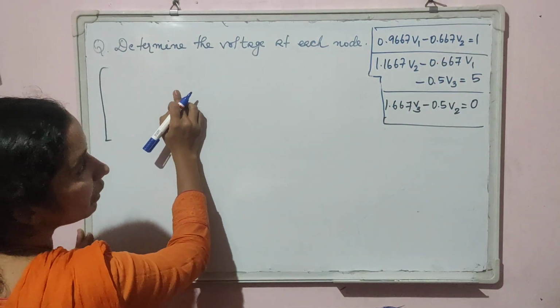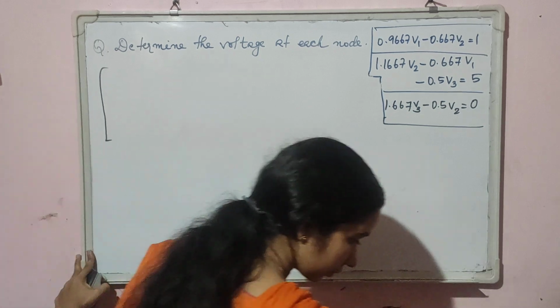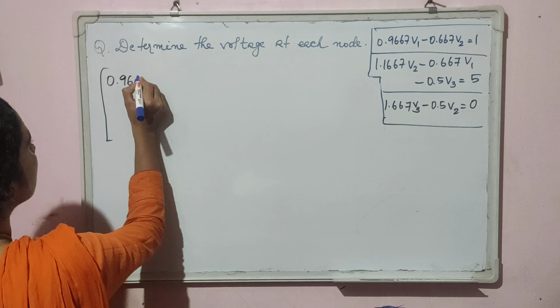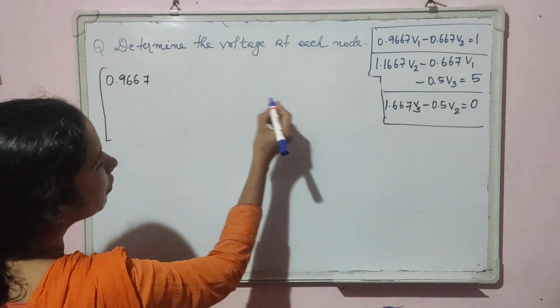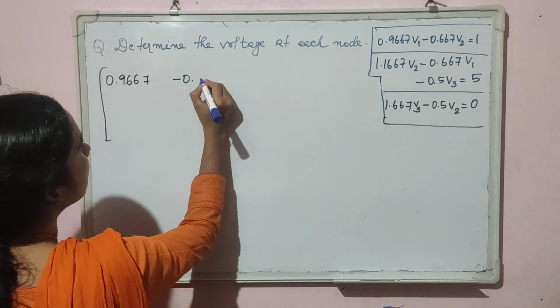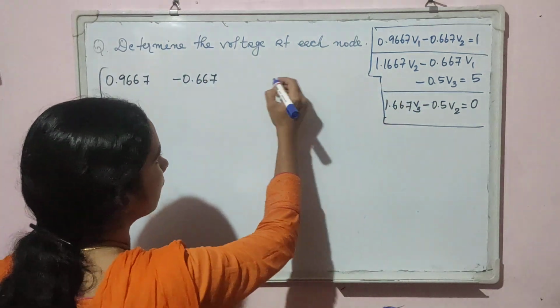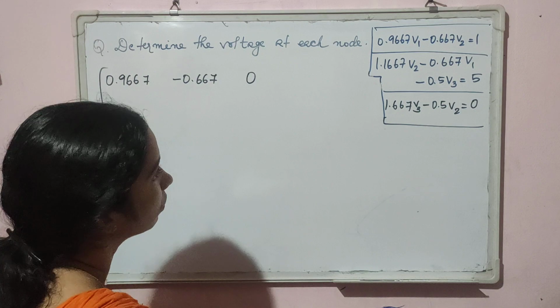So coefficient of V1 is 0.9667. Coefficient of V2 is minus 0.667, and there is no term containing V3, so coefficient will be 0.